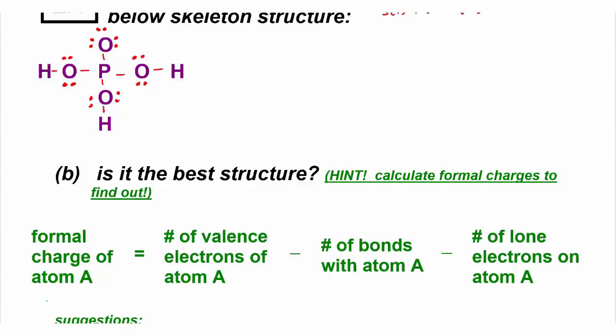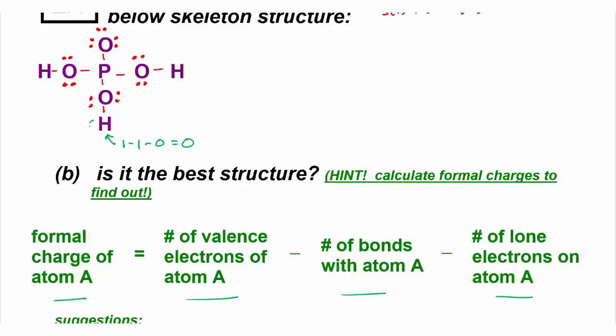So here's the equation to calculate a formal charge for any atom. All we do is take its number of valence electrons from the periodic table, subtract the number of bonds with that atom that's in our Lewis dot structure, and then if that atom has any lone electrons, we also subtract that number. So let's try it. Let's check out hydrogen. We'd have 1 valence electron minus 1 bond minus 0 electrons, we have 0.